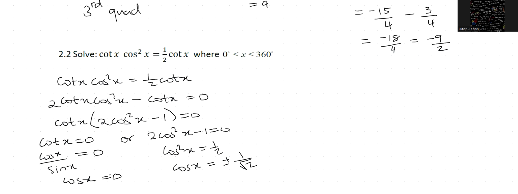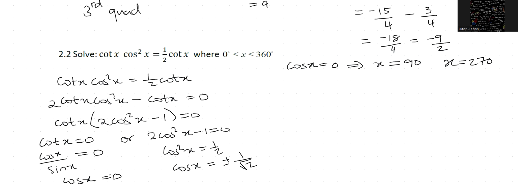So with the first one, if cos x is equal to 0, this means that x is equal to 90. x is equal to 270. So when we have 0 here, our angle is one of the boundary angles, so either 0, 90, 180, 270, or 360. So these are the two values.